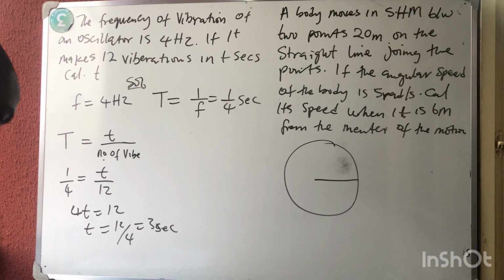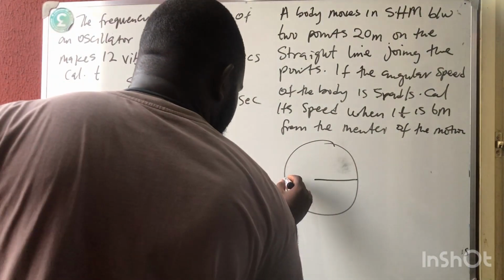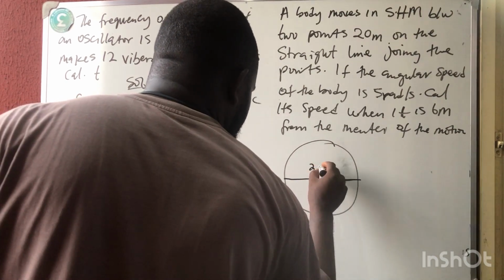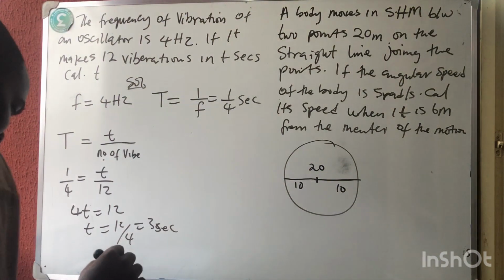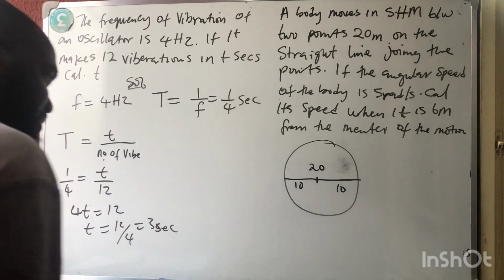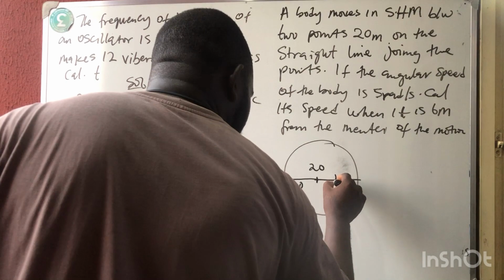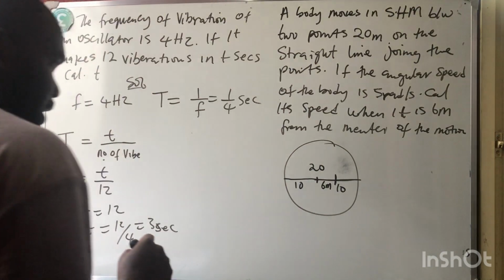They said that a body moves in simple harmonic motion between 2 points 20 meters on a straight line. This is the complete 20 meters. So the radius is half of it, which is 10 and 10. And then they told us that it is 6 meters from the center. So from the center to maybe a particular point here, that is my x, that is my 6 meters.